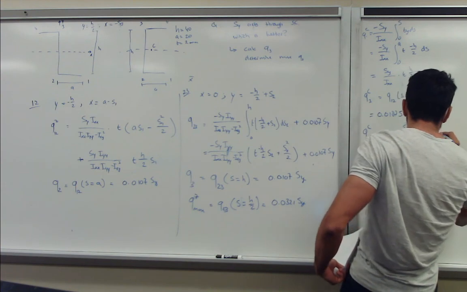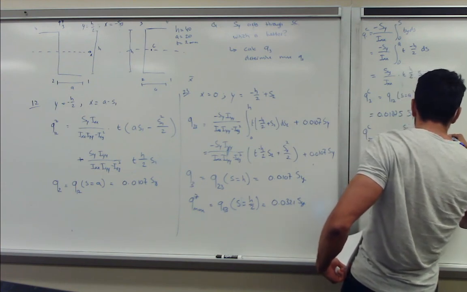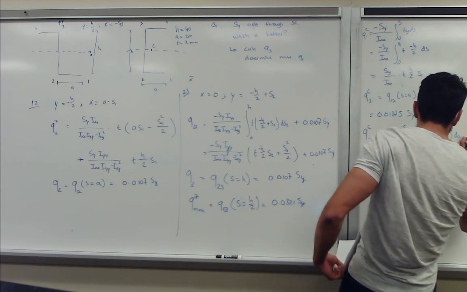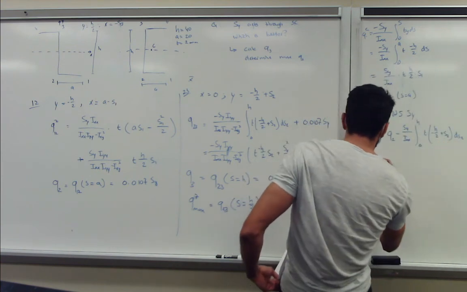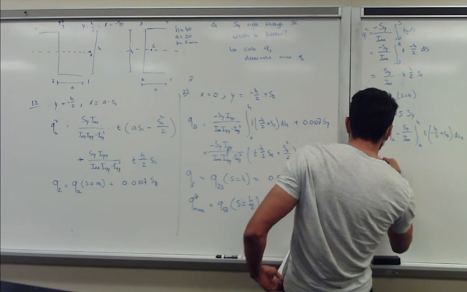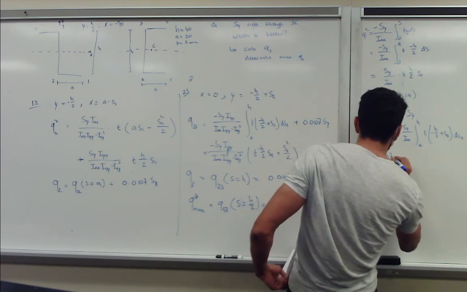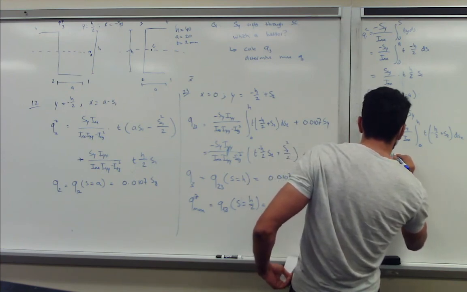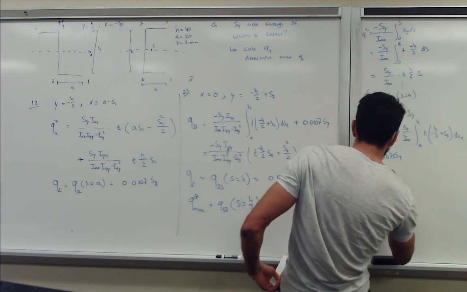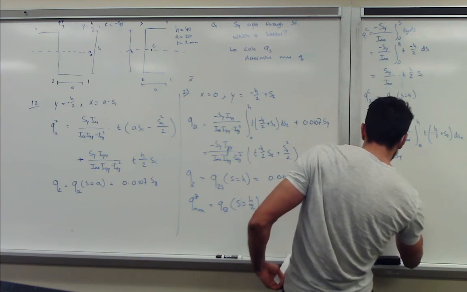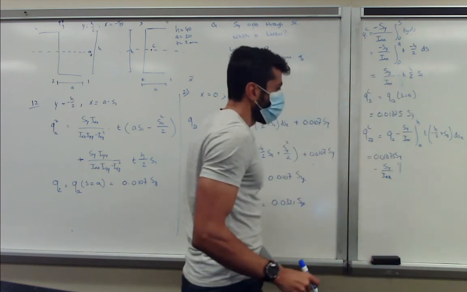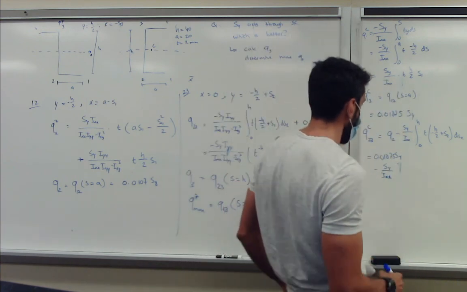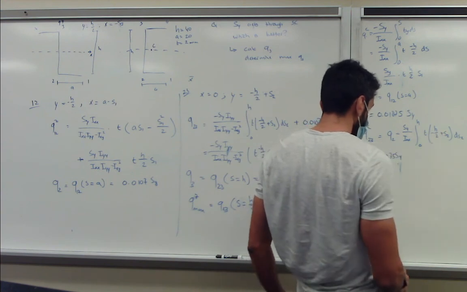So we get minus H over 2 plus S2, TS dS S2. So if we evaluate this, we get 0.01875 SY minus SY over IXX.